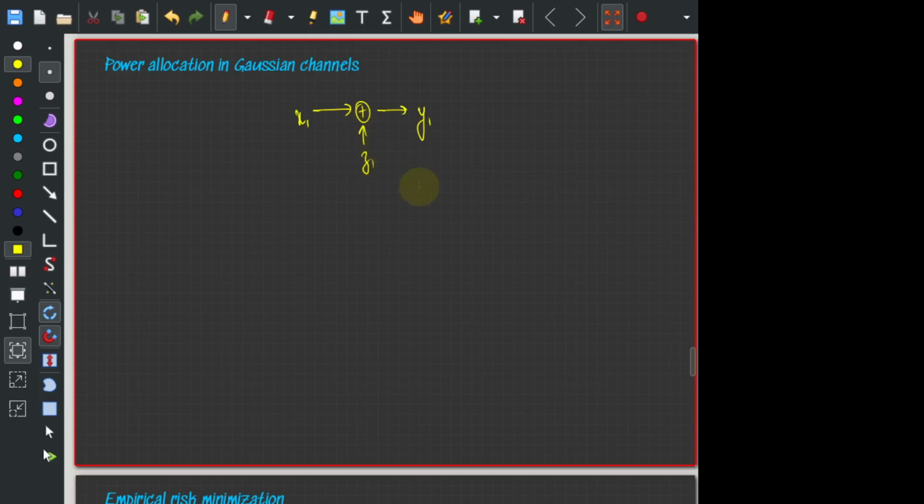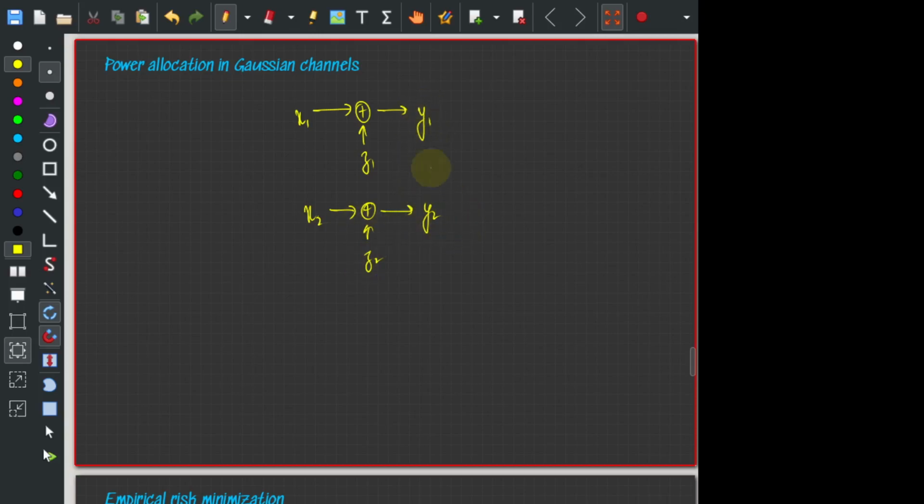So each channel is basically of the following form. If I transmit, say, a real number, at the output I get a real number, but it's corrupted by noise. So y1 equals x1 plus z1, y2 equals x2 plus z2, where I can transmit any real numbers x1, x2, and so on.